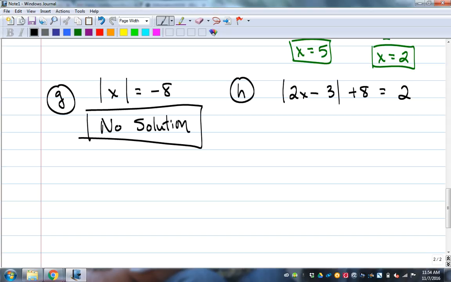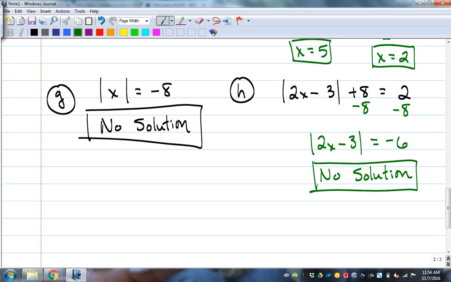But what do you have to do first? Subtract that 8 so that the absolute value is by itself. And we get -6. And there we have an absolute value equal to a negative number. That's not possible. So this would be no solution as well. Absolute value cannot be equal to a negative number.